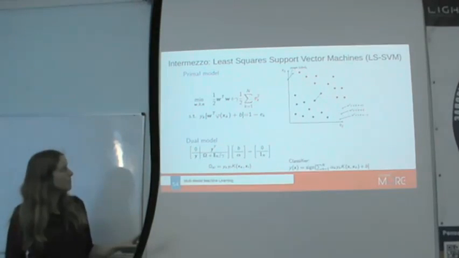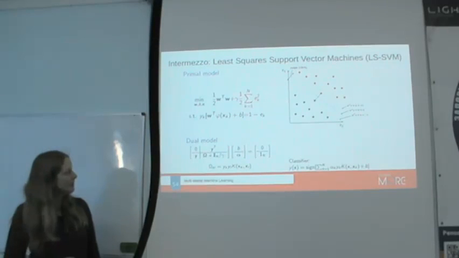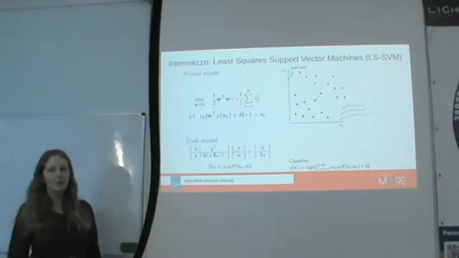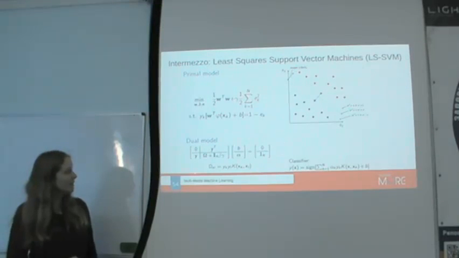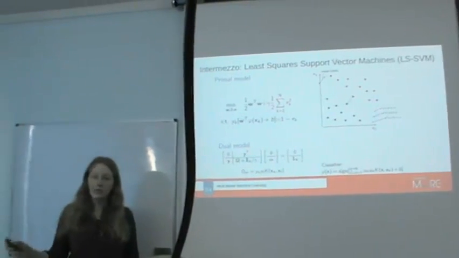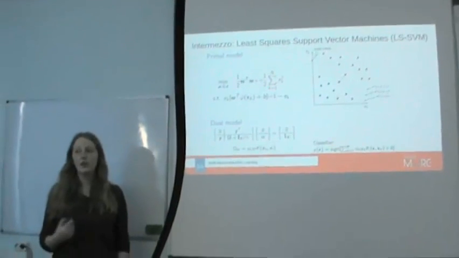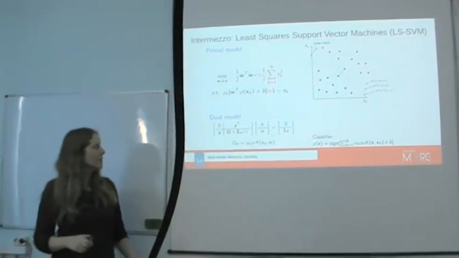It's almost the same, but basically the biggest difference is that you have an equality constraint here, and this is a dual model. So now the model that you actually compute looks like this, and that's just a linear problem that like every solver can solve. So it's a lot easier, it's a lot faster to do it, and that's basically it.